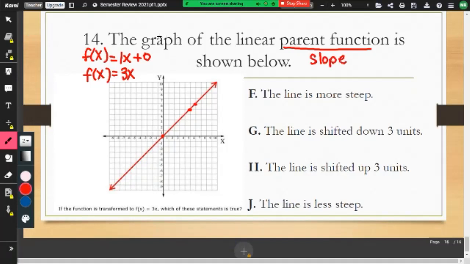Correct. We are changing the steepness. Write this down and then I'll cover it. Slope is changing the steepness. Y-intercept is changing the shift.